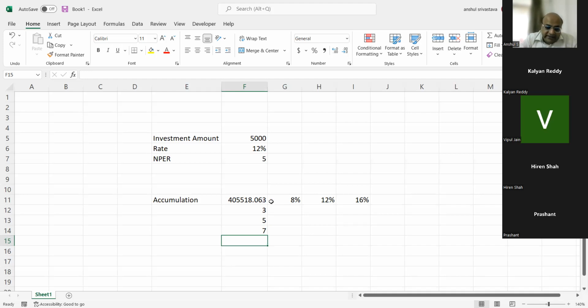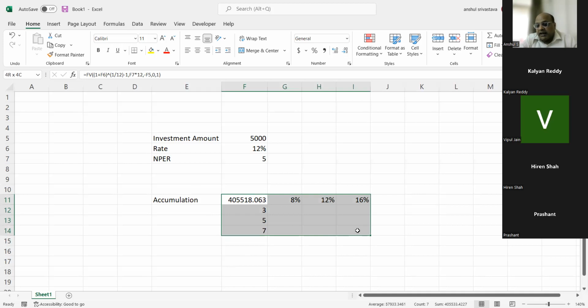Why is interest rate called row input? Because it is in the same row as the result. And the time period is called column input, because it is in the same column as the result. Our table or calculation will be based on this corner cell.